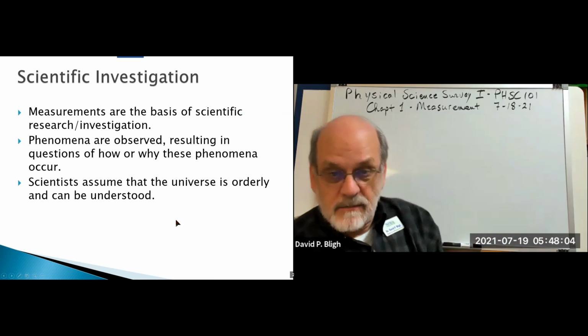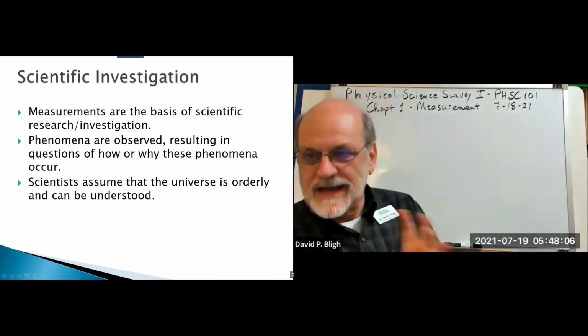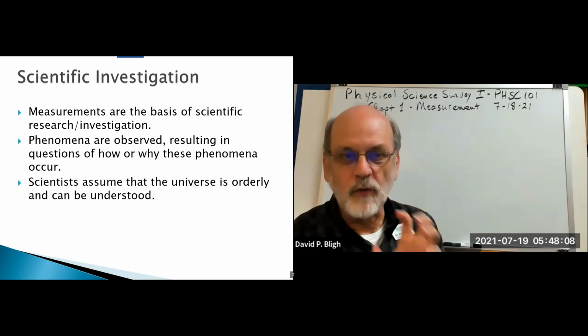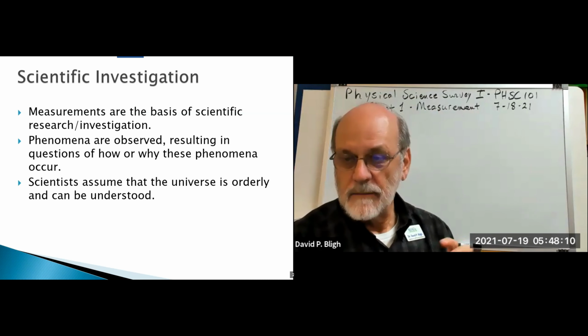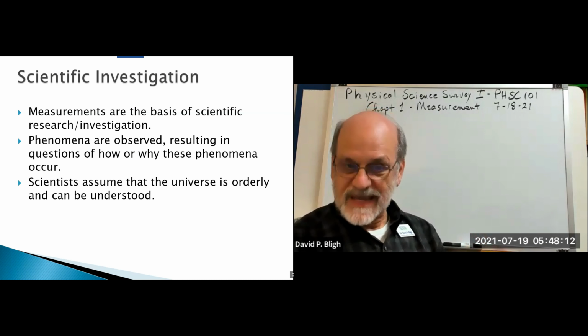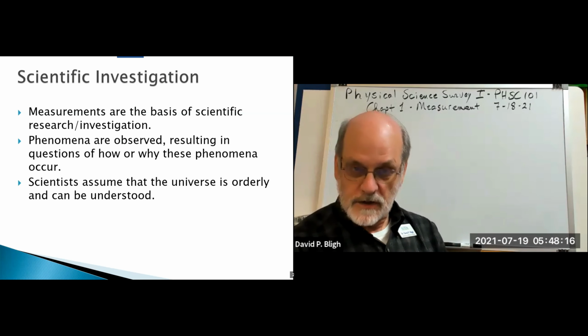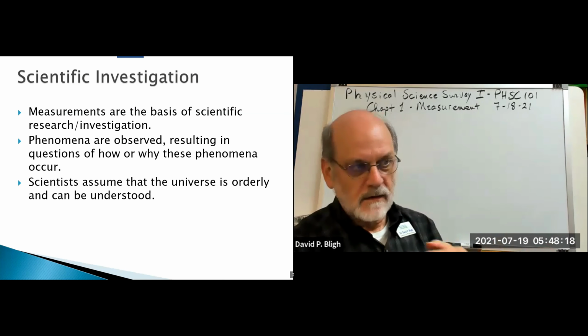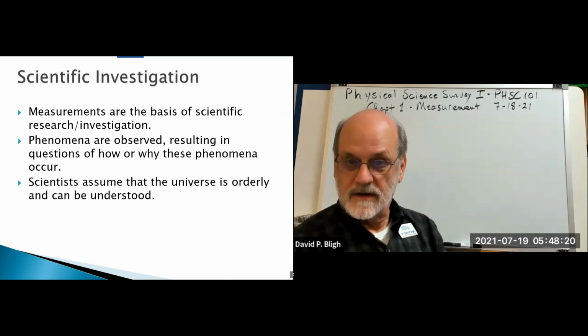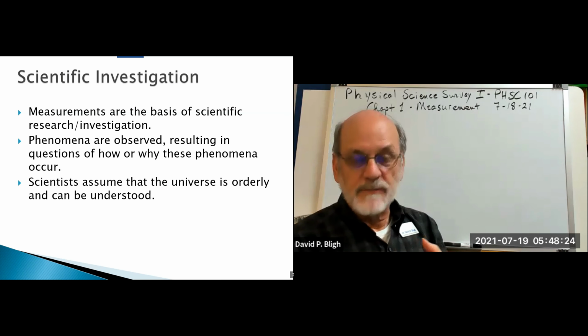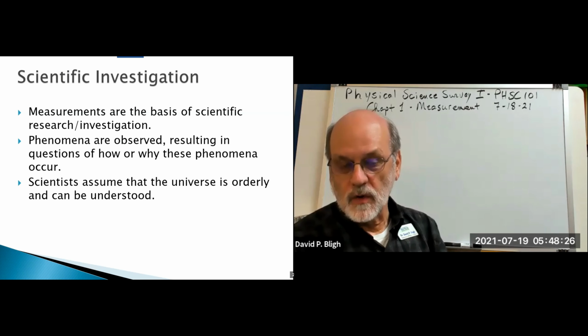Before we can even make a measurement, we have to understand how we're going to approach the problem beforehand. And that usually begins with observation. In other words, you see or hear or taste, use your senses to observe something about the physical world.